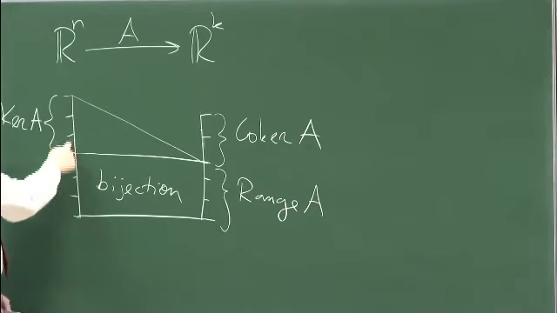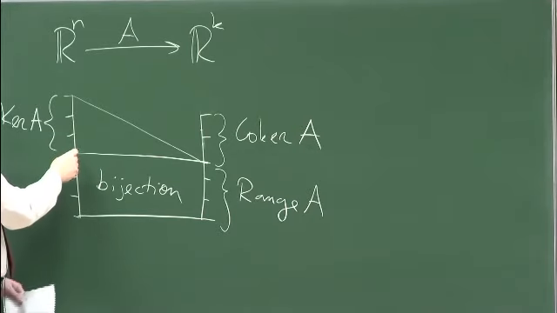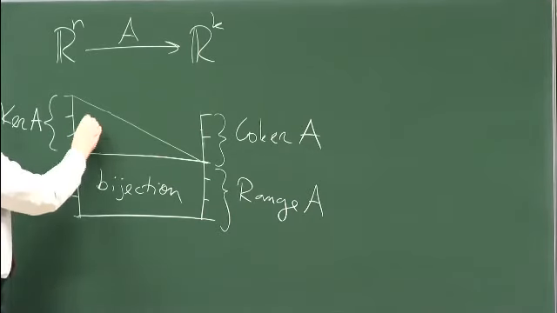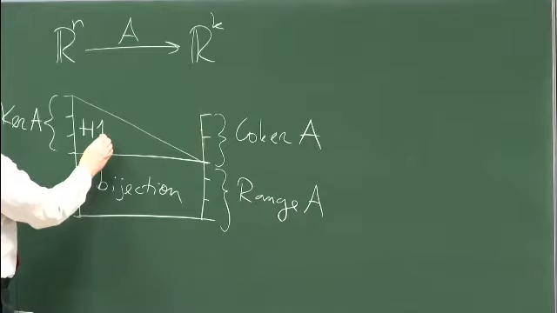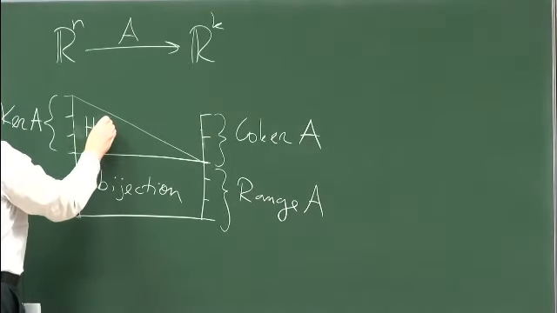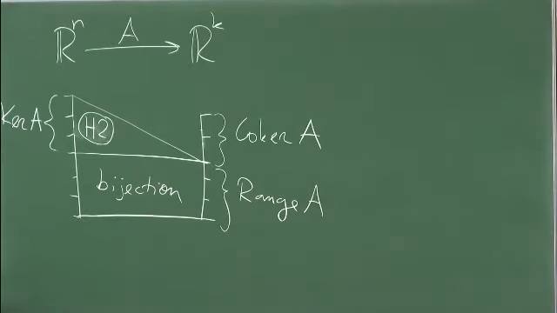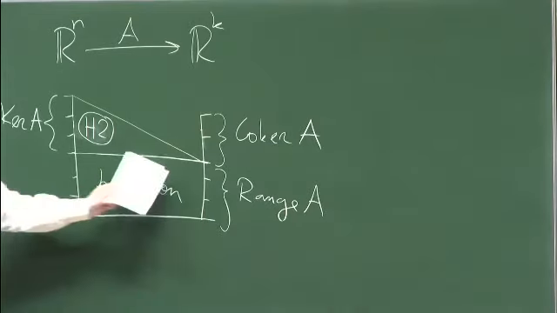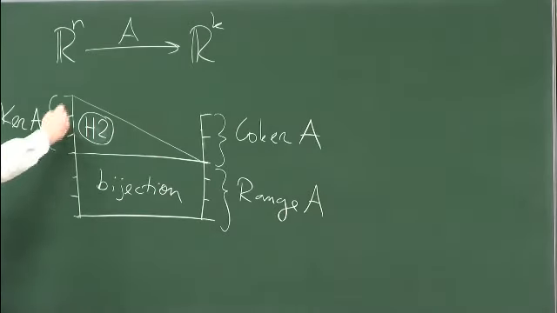If there is some kernel here, then Hadamard's condition number 2, uniqueness, will fail. If there is some kernel, then we can always add an element of the kernel to our reconstruction, and it will map to the same data because the addition from the kernel will map to 0 and have no effect.